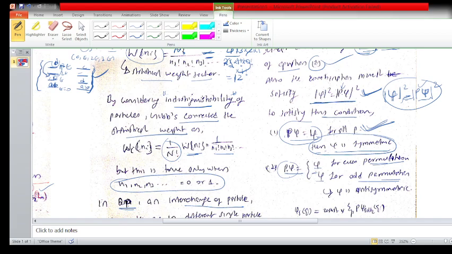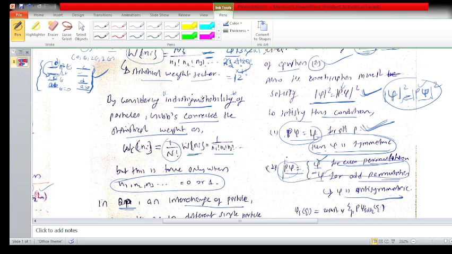At the same time, P psi can be psi or minus psi. If an even permutation gives you psi and an odd permutation gives you minus psi, then psi is called antisymmetric.